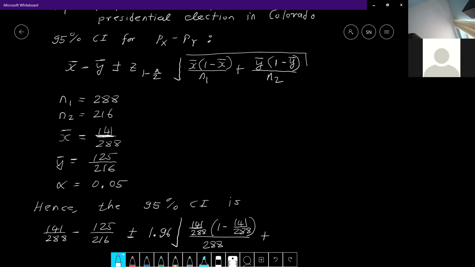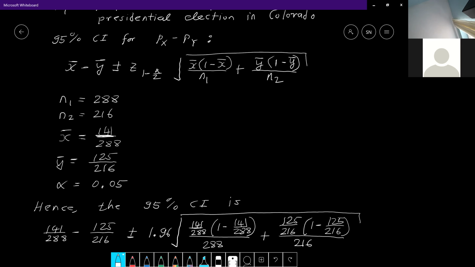Y bar is 125 divided by 216. So this is the 95% confidence interval for the difference in the proportions.